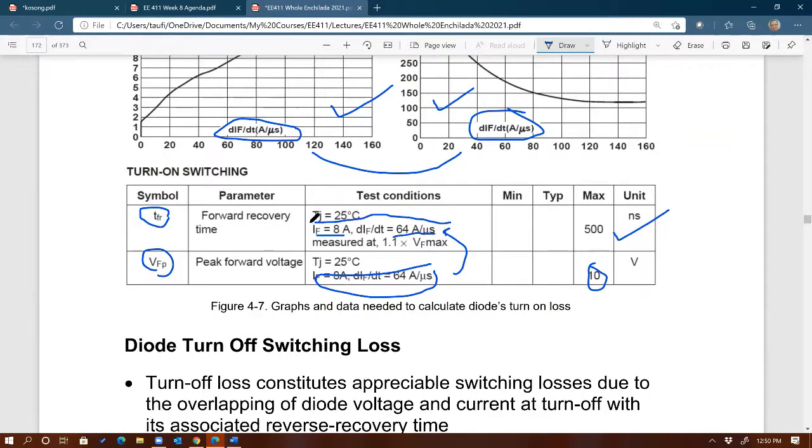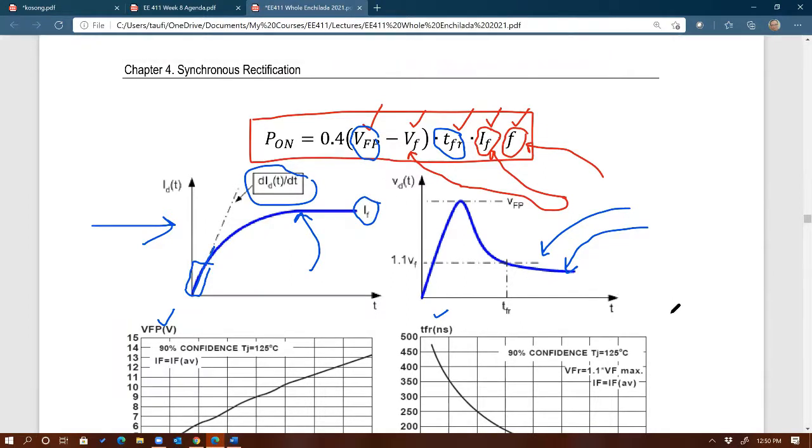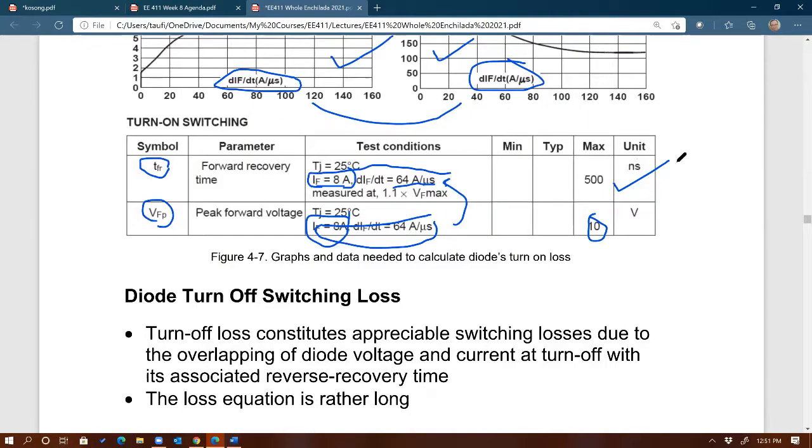It's only true when IF is 8 amps, and the same thing for peak forward voltage, when IF is equal to 8 amps. The curve that you have here might be at a different amperage, so a different slope, yes.